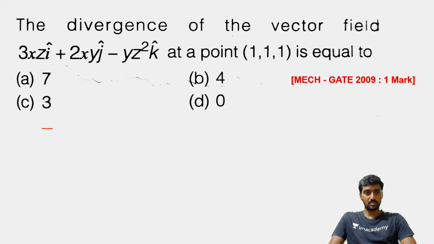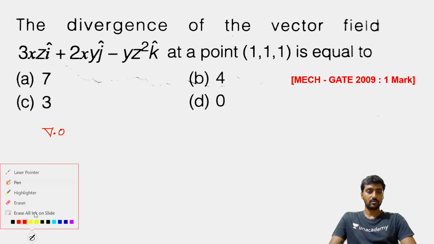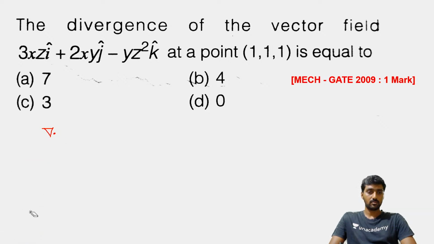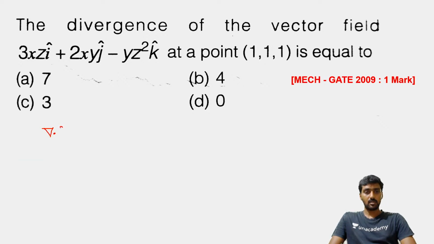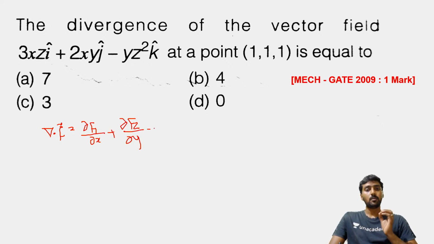Now the divergence, del dot f vector, is equal to dou f1 divided by dou x plus dou f2 divided by dou y plus dou f3 divided by dou z.